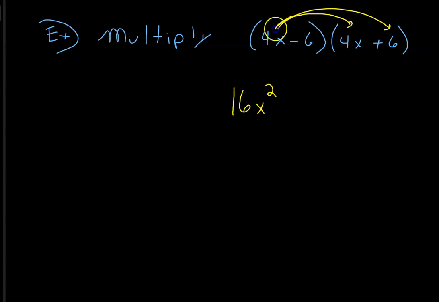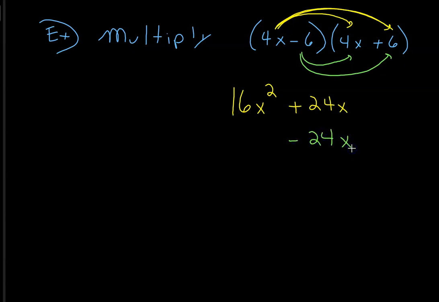And then 4x times the 6 should be positive 24x. And then we distribute the second one. So negative 6 times 4x and negative 6 times 6. And negative 6 times 4x should be a negative 24x. And negative 6 times positive 6 should be negative 36.